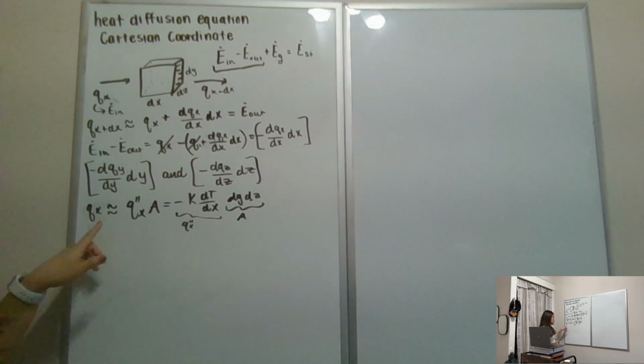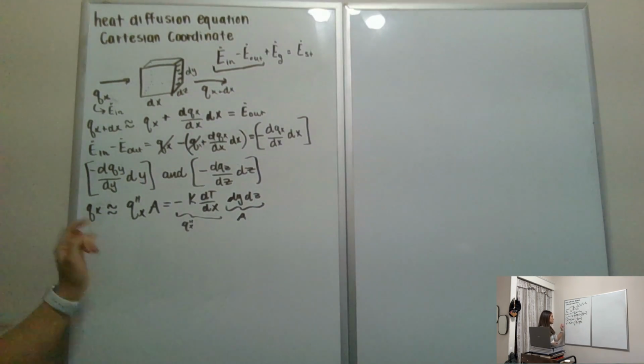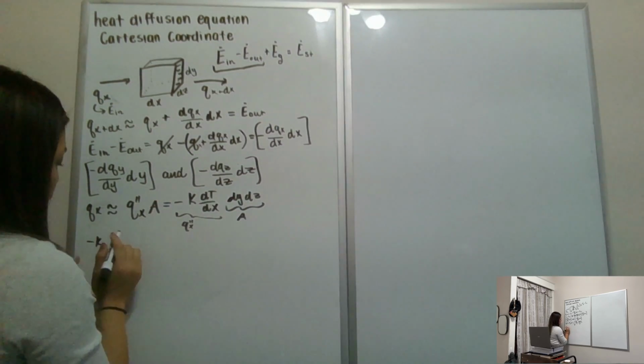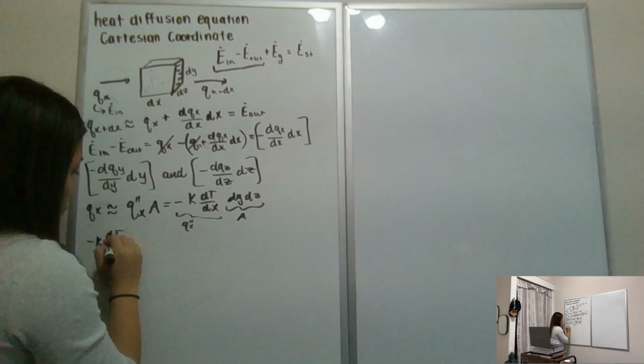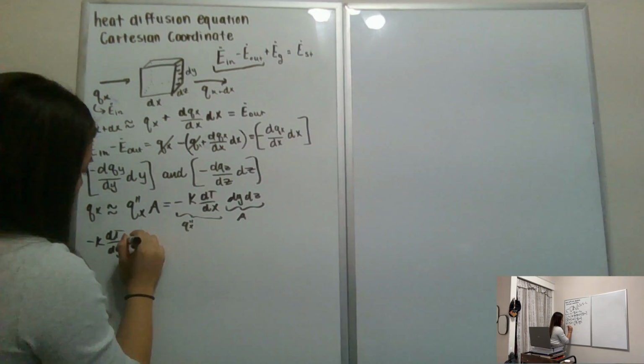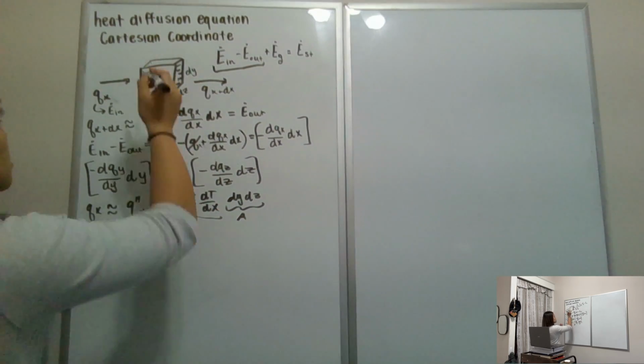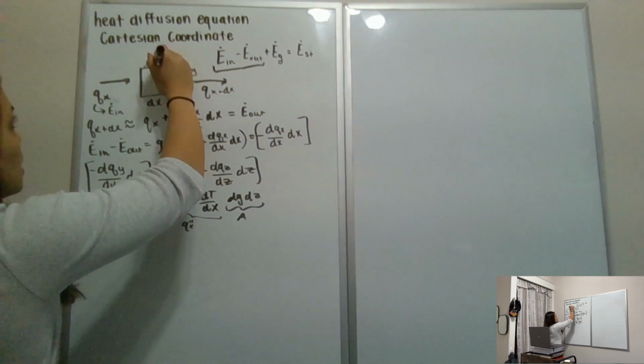Likewise, we can do that for the y and z directions as well. Again, negative thermal conductivity times the change in temperature with respect to y, and then this would just be dx and dz because it would be this area here.